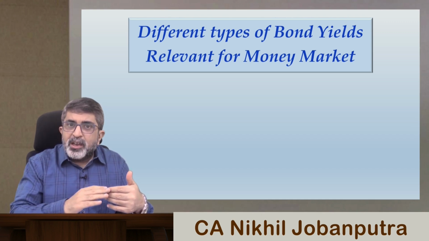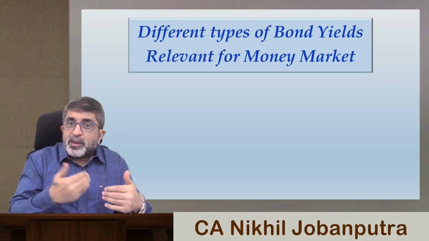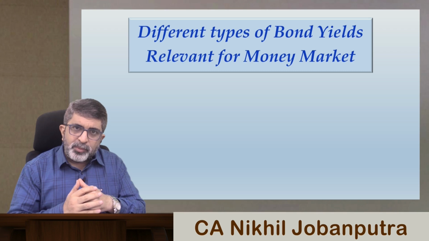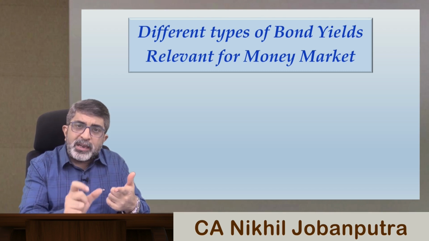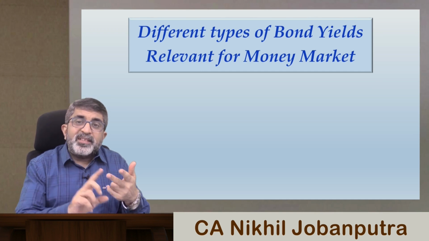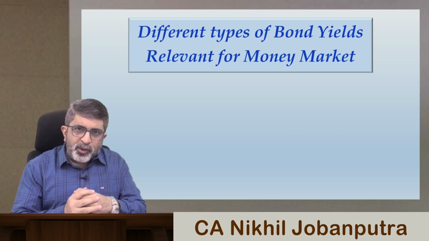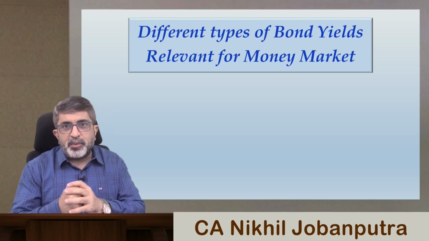Instruments which have shorter maturity, that means maturity less than a year, are classified as money market instruments. T-bills, the short name we generally use for treasury bills, CPs, that is commercial papers, then certain types of bank deposits, all these are considered money market instruments.